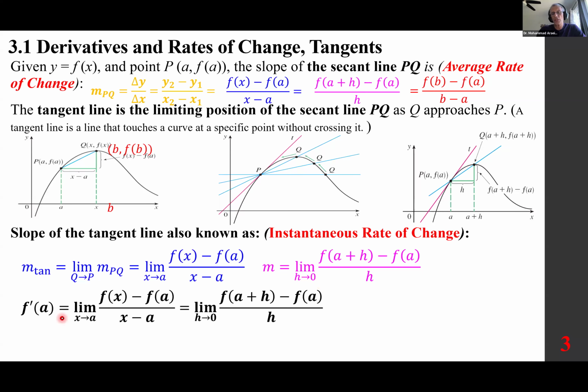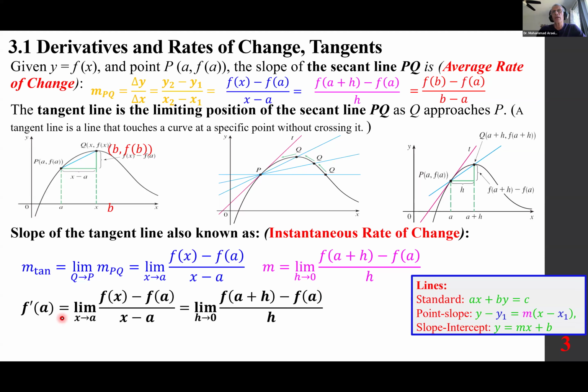So if you're interested in the equation of a line, and in this case a tangent line, we have the standard form, point-slope, and slope-intercept form. For example, at this point, which has coordinates a and f of a, we want to find the equation of the tangent line.